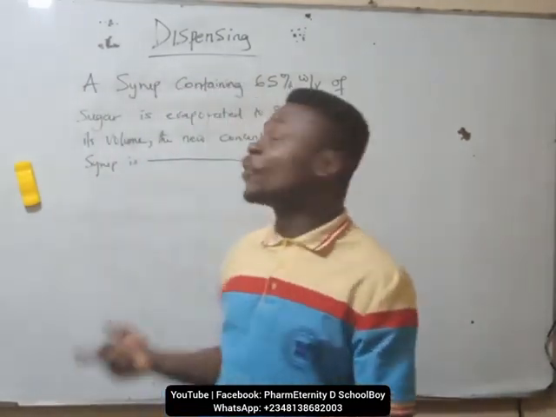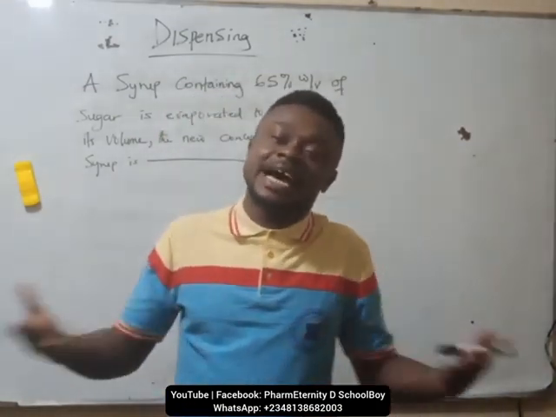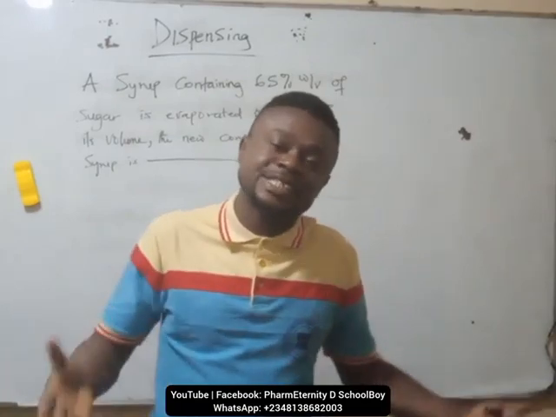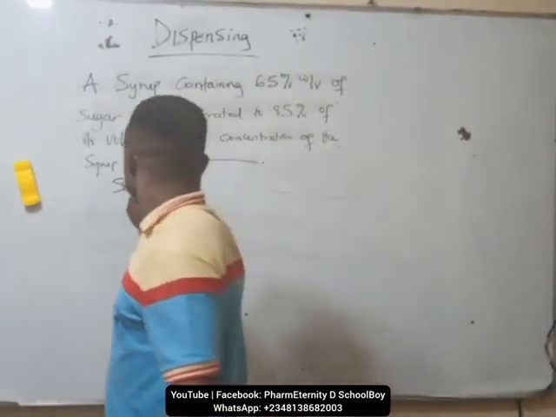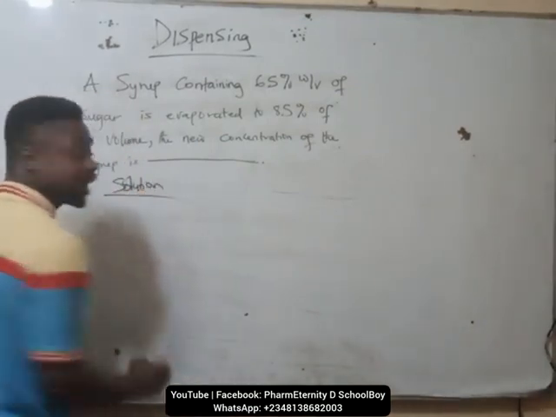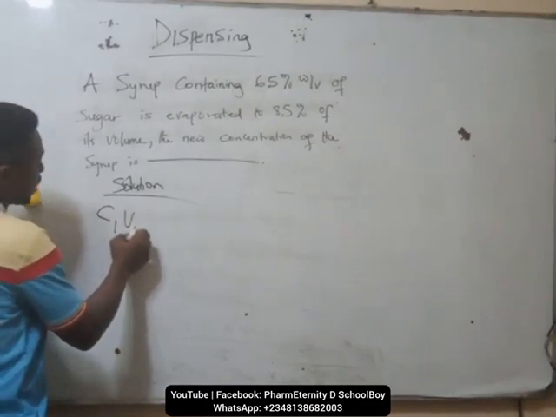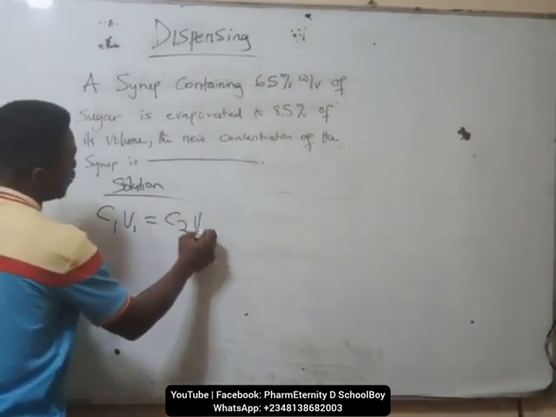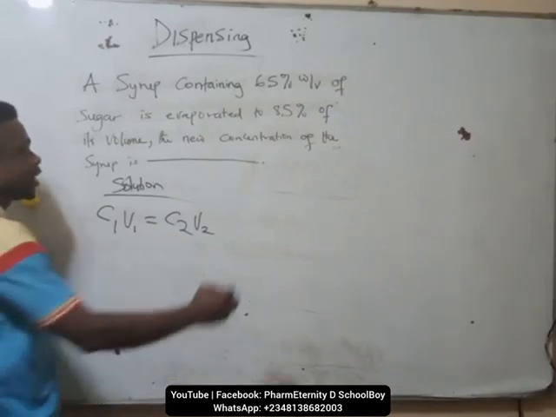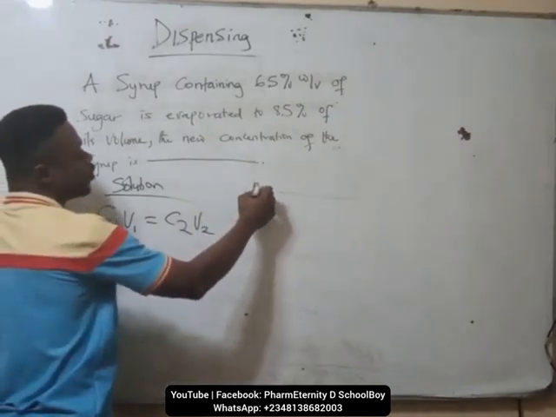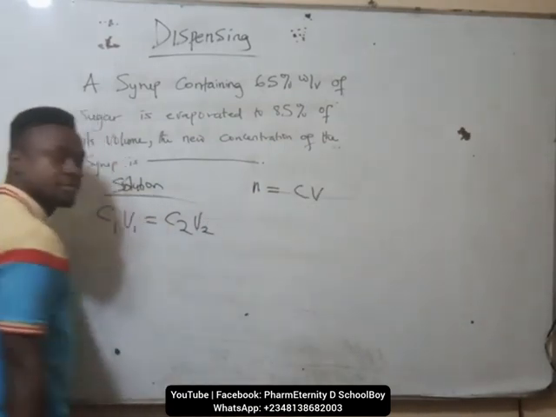For us to answer this question, we can still use our normal dilution formula, which says that C1V1 is equal to C2V2. This was formed from the formula that says the number of moles, or the amount, is equal to CV.